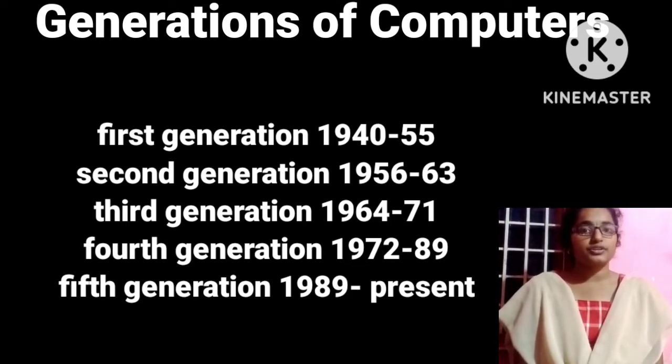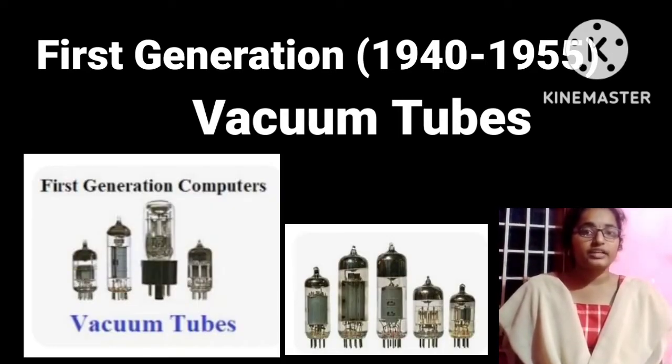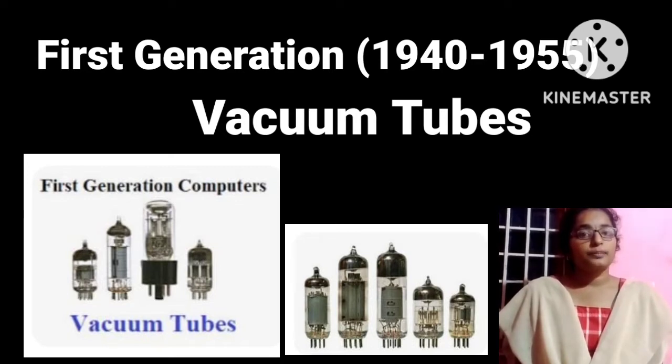Let's talk about first generation, 1942 to 1956. These first generation computers used a very large number of vacuum tubes. Memory is used as magnetic drums, input is punched cards and paper tapes, and output is generated as printouts.